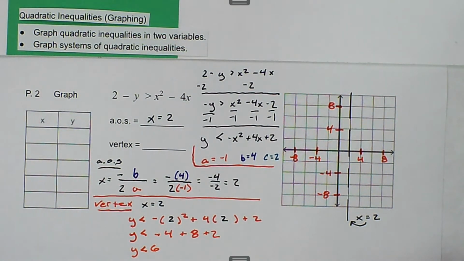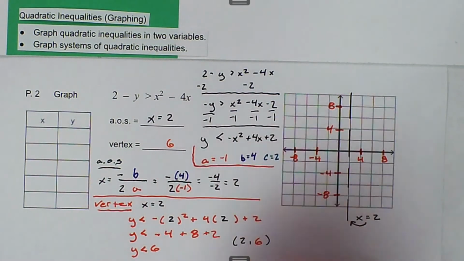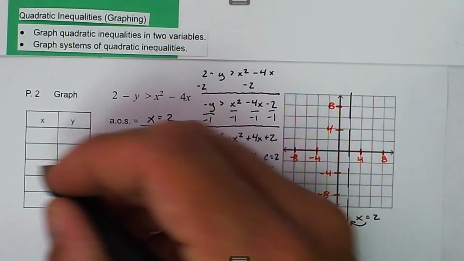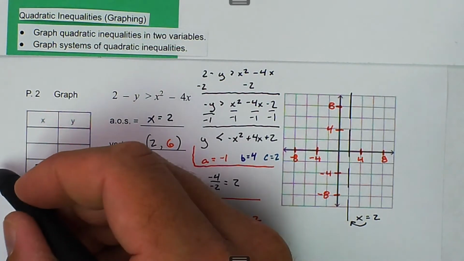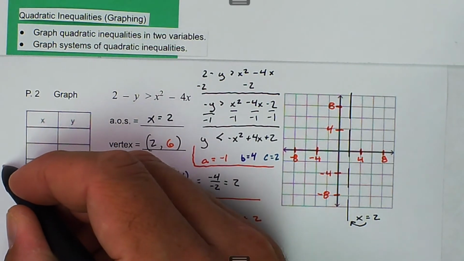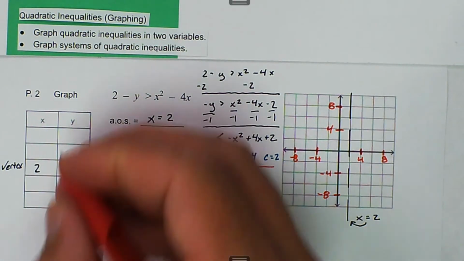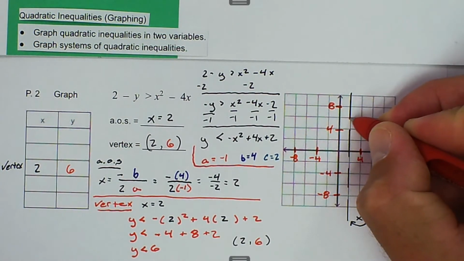So that tells us our vertex has the ordered pair of 2, 6. So we'll put our vertex over here. So we go over 2, up 6, and that's our vertex.